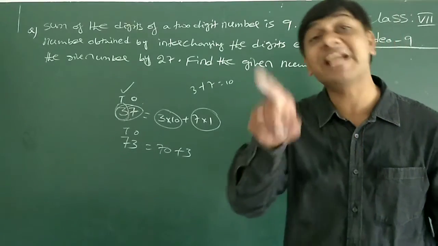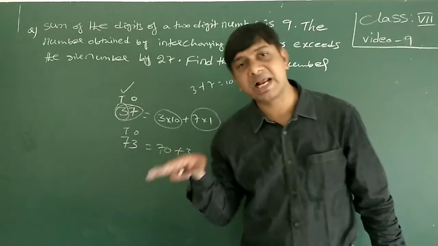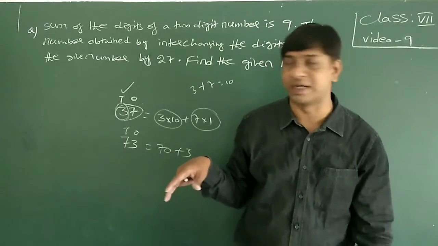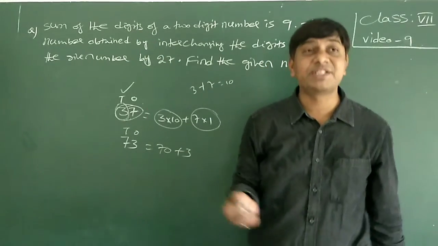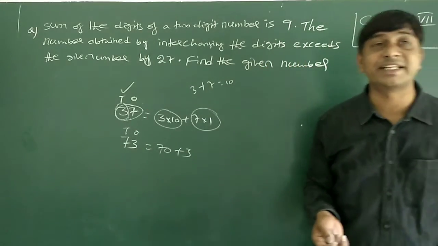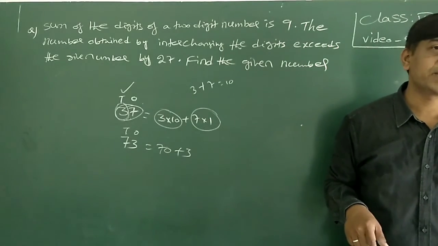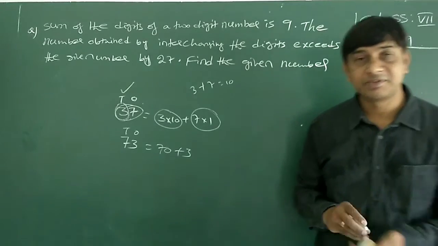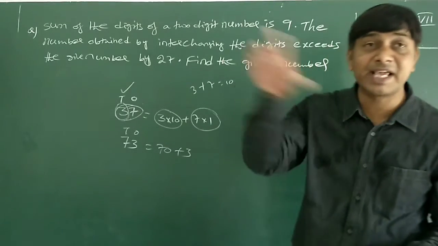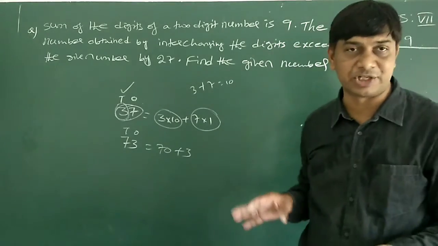Face value and place value are both different. In lower primary classes you would have learned those. Sum of the digits means while adding the digits, face values are to be added, not place values. While taking the 2-digit number, you need to consider the place values also.